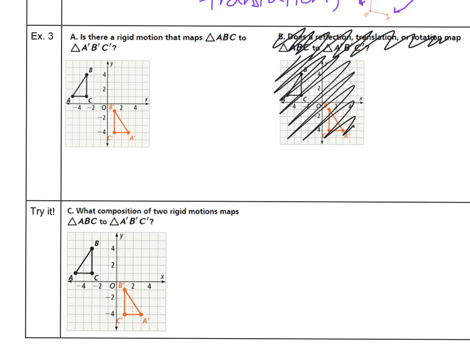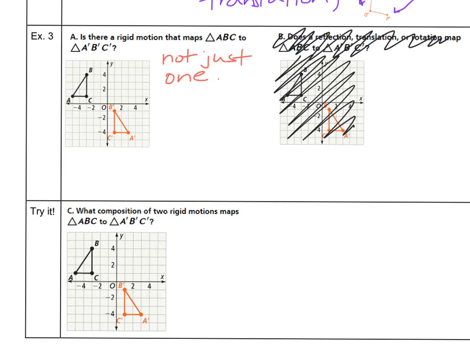There isn't just one that will do the trick for us. So we can't just reflect it or just do a translation or even just do a rotation. None of those would actually work. But what we can do is create a glide reflection, which is that composition of 2.